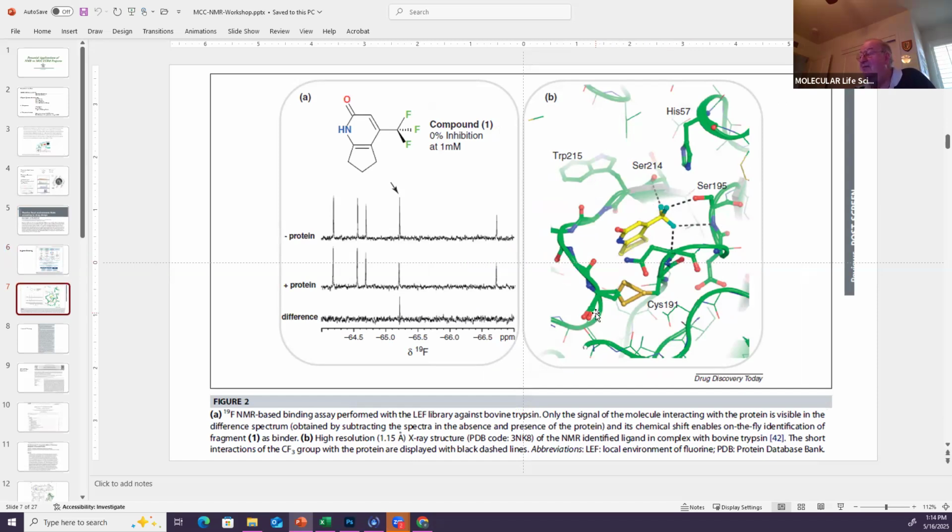And here's just an example of a fluorinated ligand where you can map what's around the binding site. As is typical of most protein-oriented work, you need fairly low concentrations of the fluorinated ligand.